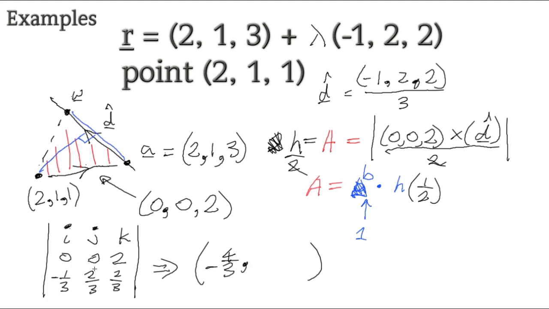For j we have 0 plus 2/3, but all negative, so it's minus 2/3. And for k, 0, 0 is just 0.